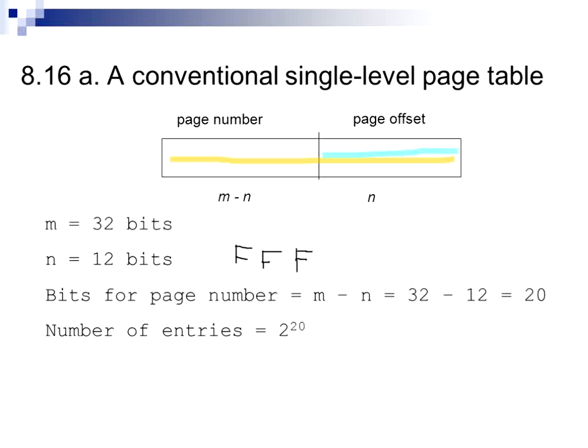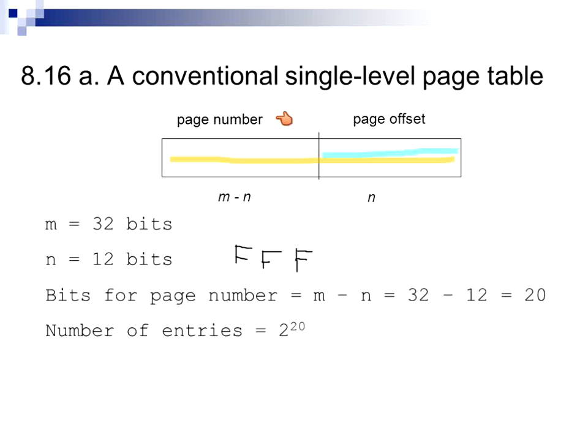So what I need to figure out, if I know the offset is 12 bits and the overall length of a logical address is 32 bits, then how many bits do I have left over for the page number? Because how big the page number is going to tell me how many entries I can put in my page table. It can only be as big as the largest page number.